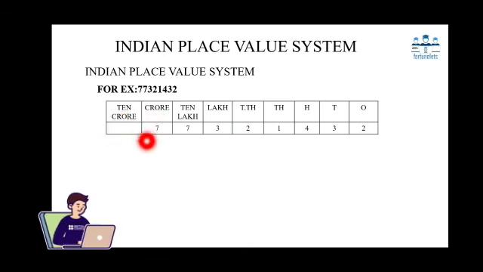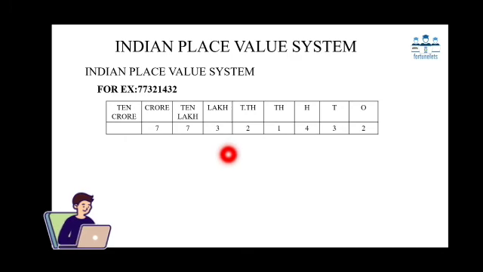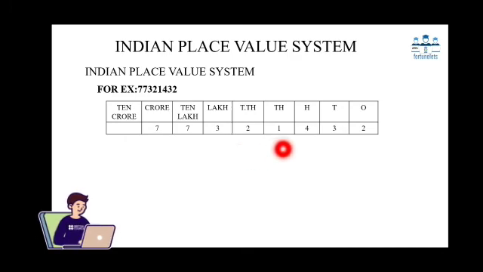So this is the way of representing the number in the Indian place value system. Here the given number is 7 crore 73 lakh 21,432. So this is the given number.